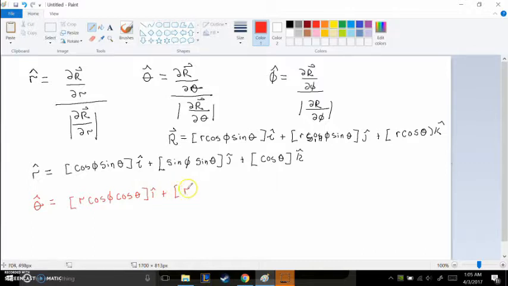Plus constants. We'll go ahead and just put those in there. The derivative of the theta term is cosine again. Plus, over here we're going to get a minus r sine of theta. I have to put in directions.